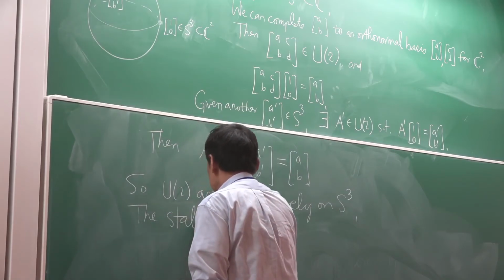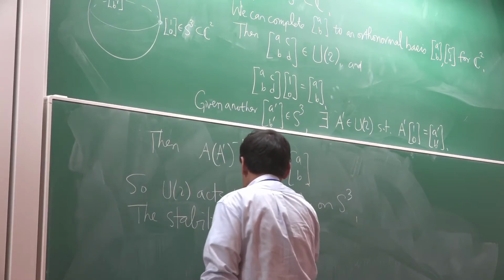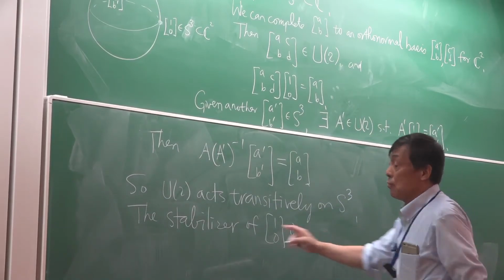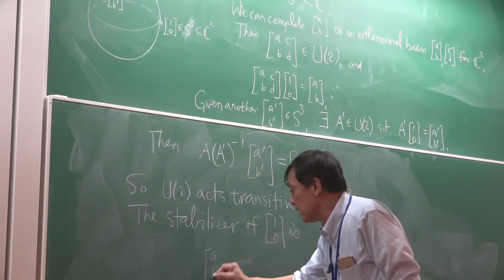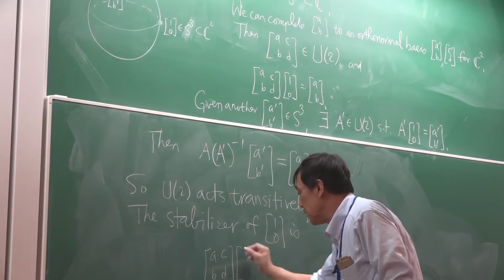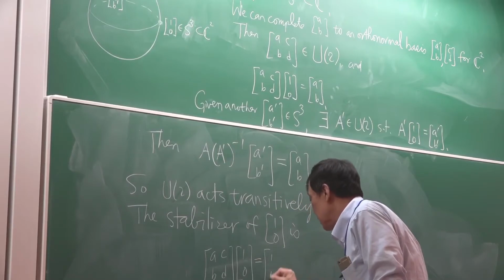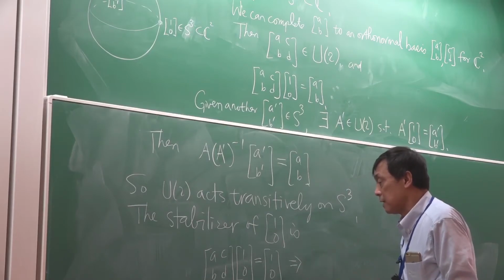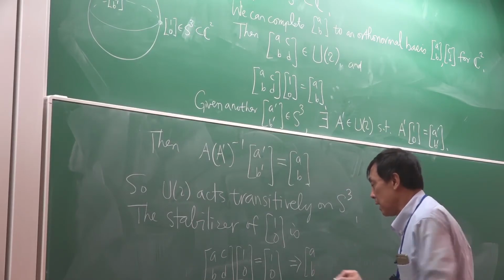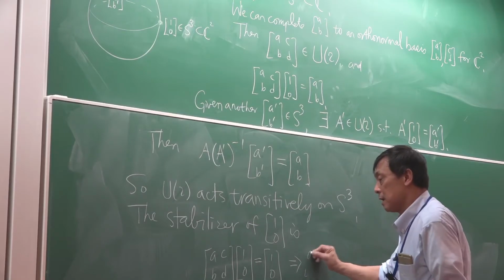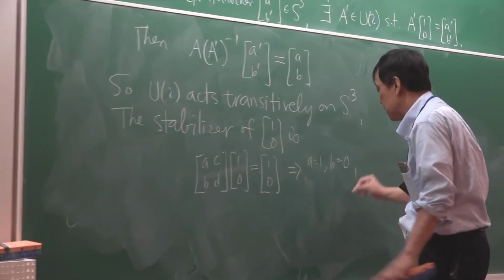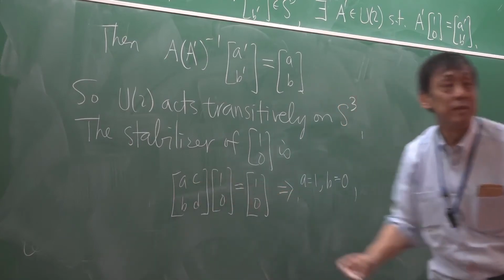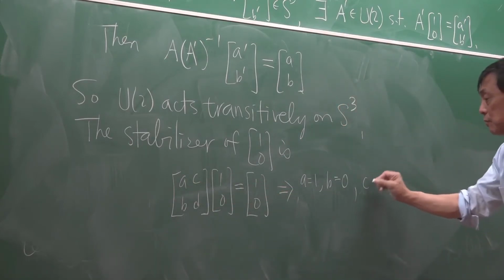And then we need to calculate the stabilizer of a point. So the stabilizer of (1, 0): the matrix with rows (a, b), (c, d) should take (1, 0) to (1, 0), and that implies that a is 1 and b is 0. So if a is 1, c has to be 0, because the rows are also orthonormal.